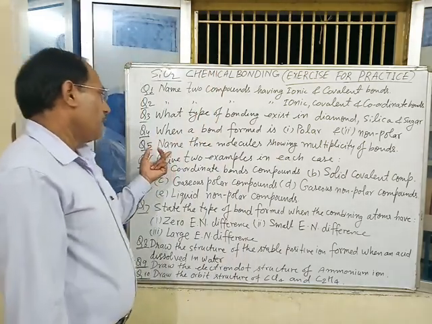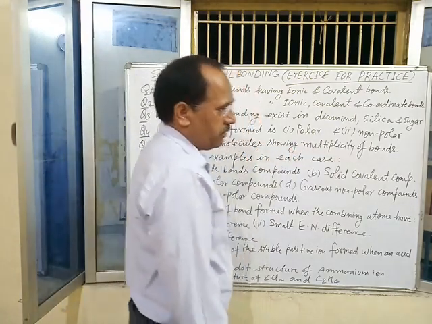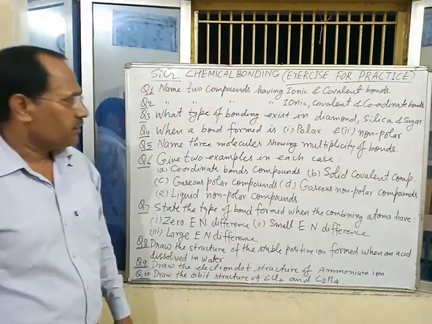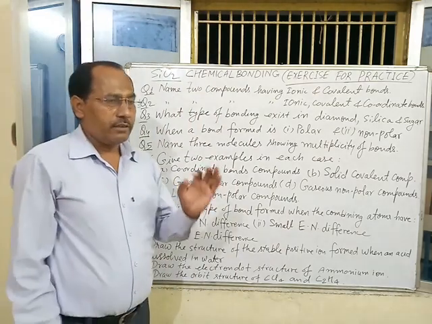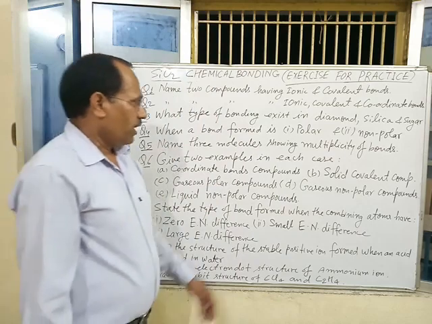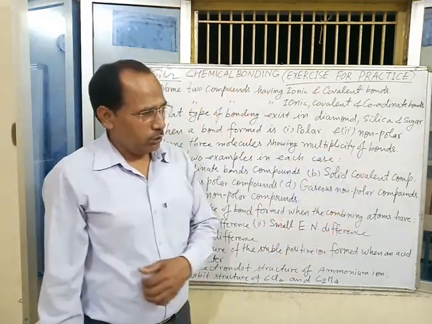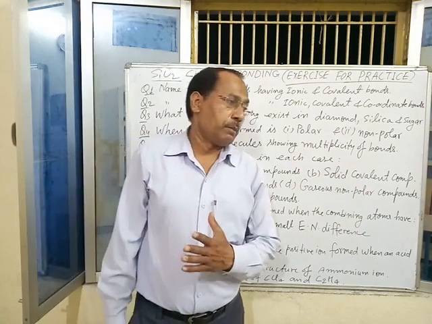Fifth question. Name three molecules showing multiplicity of bonds. Multiplicity of bond means molecules having double bond and triple bond. Okay? Your correct answer is nitrogen molecule in which a triple bond is present.